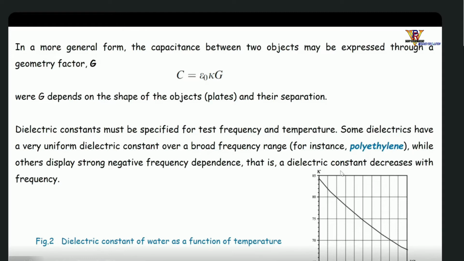On increasing temperature, the dielectric constant decreases. So the dielectric constant decreases means the capacitance of the particular capacitor will also decrease. So based on that, we can measure some stimulus. We can sense some input signal.